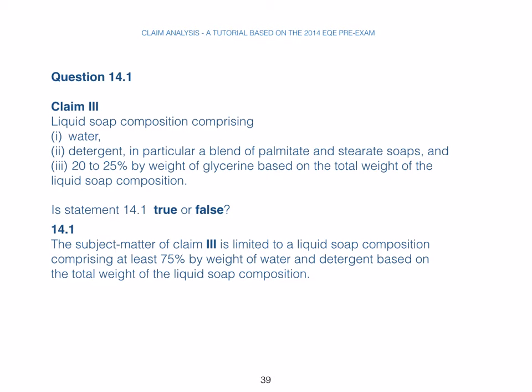Now, the claim has a liquid soap composition comprising water, detergent, and 20 to 25% by weight of glycerine. So as there is 20 to 25% by weight of glycerine, there must be 75 to 80%, in other words, at least 75% of other components.